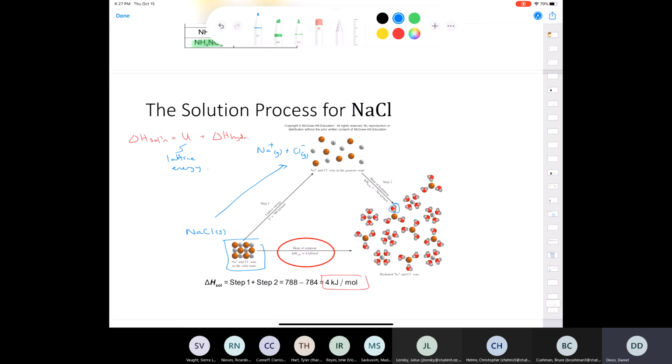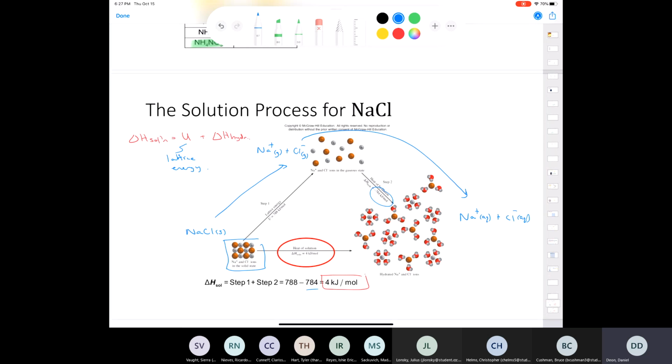But when I surround them with water molecules, the water molecules can interact with both the cations and the anions to stabilize their positive and negative charges, respectively. And so we convert them to sodium plus aqueous and chloride minus aqueous, and that stabilizes them. That's why the delta H for hydration is a negative number. You can see it's negative 784.